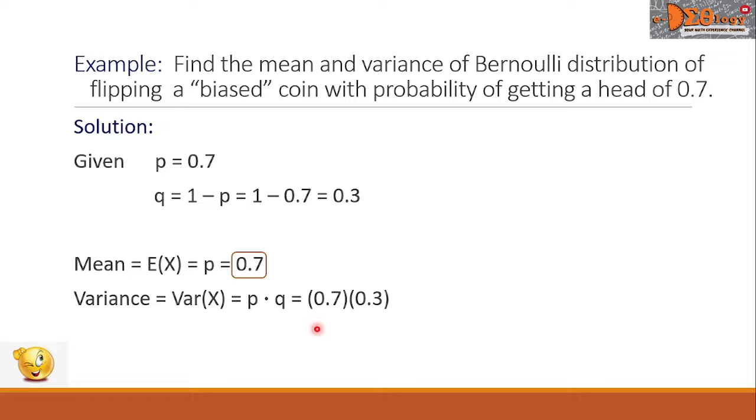We substitute the corresponding values. P is 0.7, while the q is 0.3. The product here now is 0.21. So we have here now the mean and the variance of Bernoulli distribution.